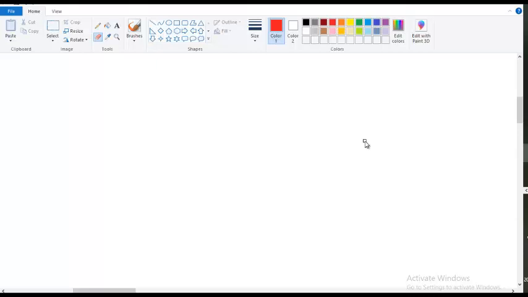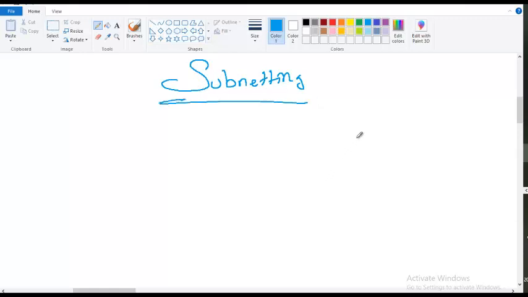So what we need to learn next is a big topic called subnetting. Subnetting is, as the word says, subnet, breaking down one network into multiple networks.